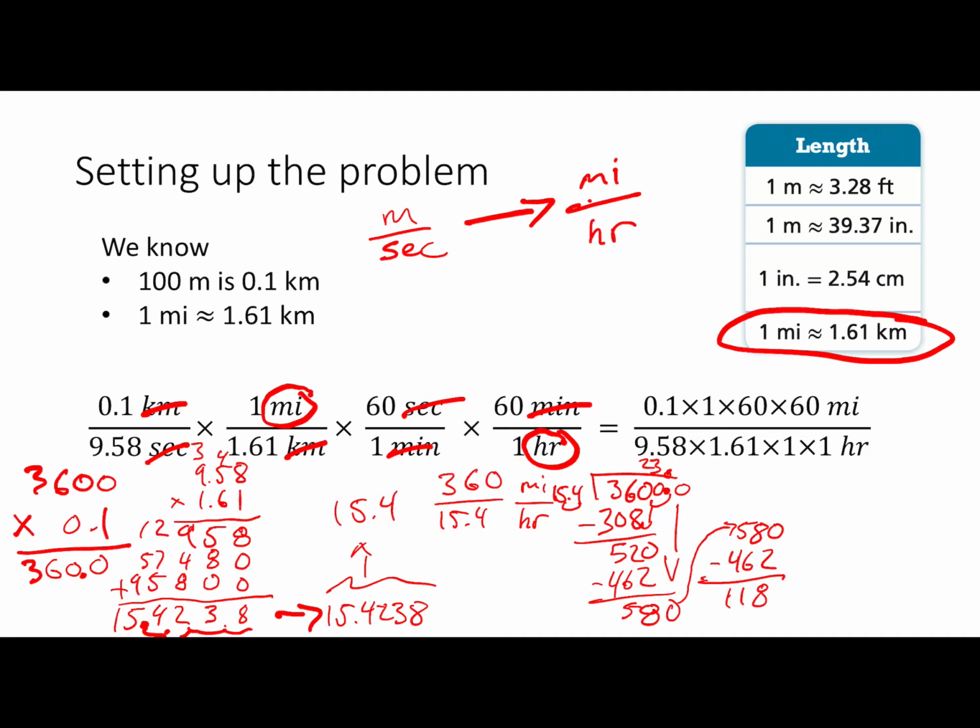And that is 118 when we subtract those two numbers. And we're going to want to round this to the tenths place, so we need to go out to our hundredths. So how many times does 154 go into 1,180? That's what we got to ask ourselves there.